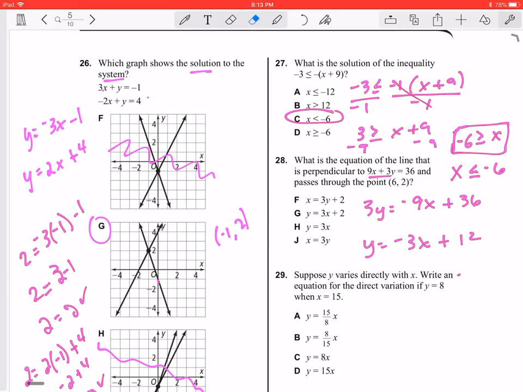So the perpendicular slope, yeah, none of these answer choices are right. The perpendicular slope is the reciprocal, so our perpendicular slope needs to be positive 1/3.